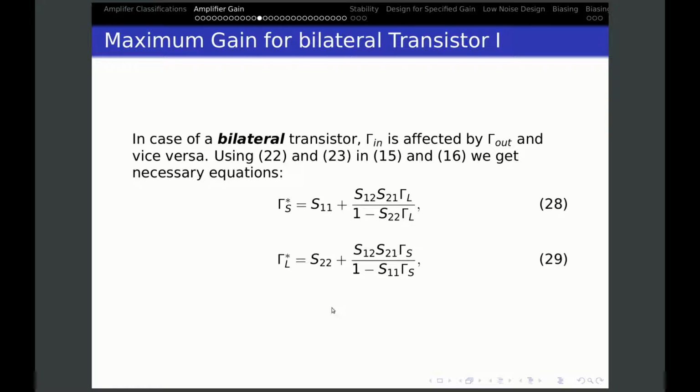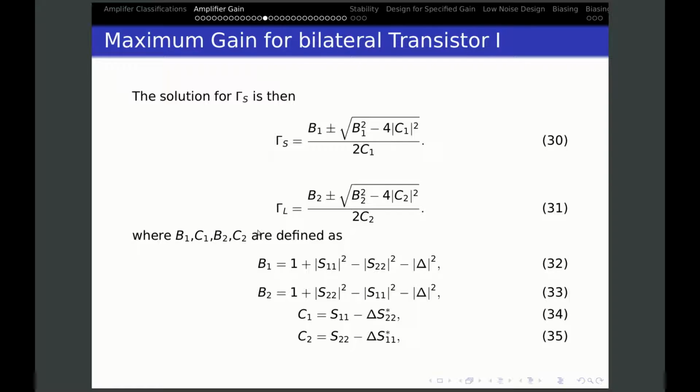Well, however, there's a solution to that. These are basically two equations with two unknowns, and some smart people have figured out formulas for solving this equation system. This is a solution for this equation system where you want to maximize gain with a specific gamma S and gamma L. We can calculate gamma S and gamma L by this formula, and you need four intermediate parameters: B1, B2, C1, and C2.